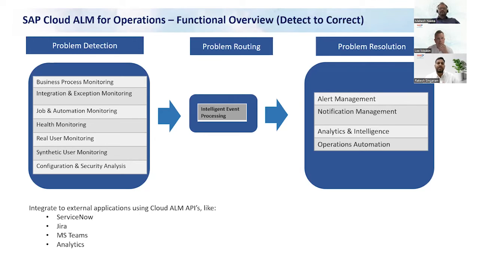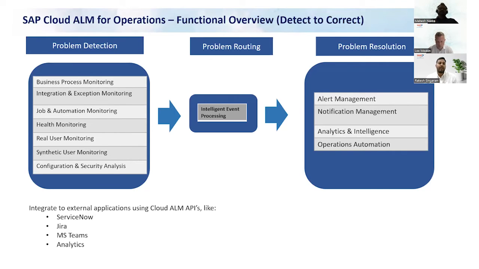So all the functionalities from end to end are provided for complete full stack monitoring. The idea is to provide business continuity along with the monitoring. We call this the detect to correct process.